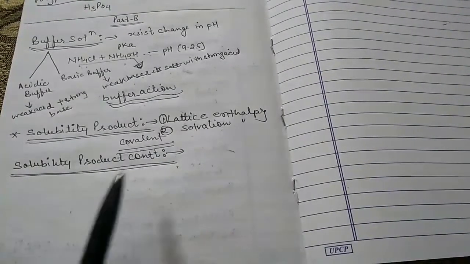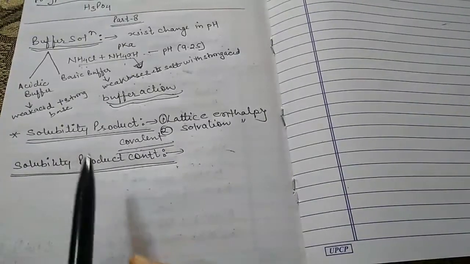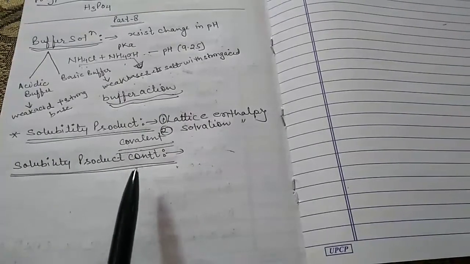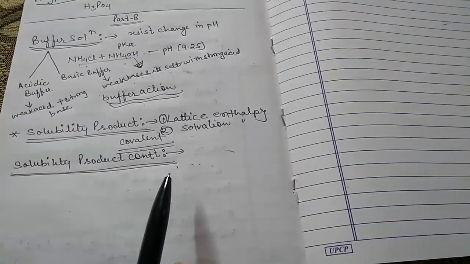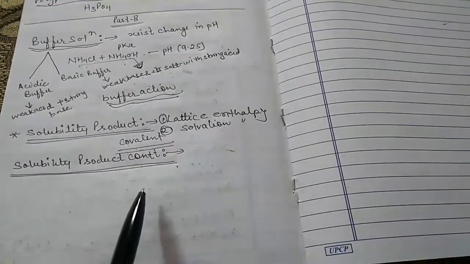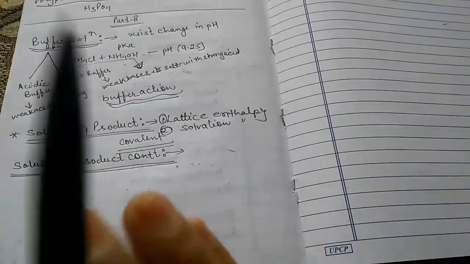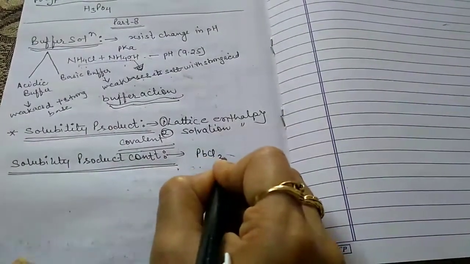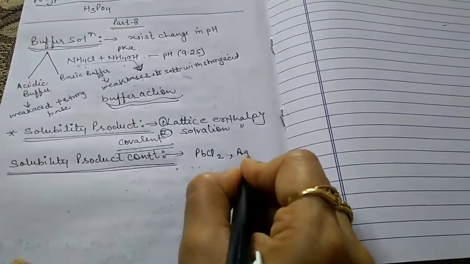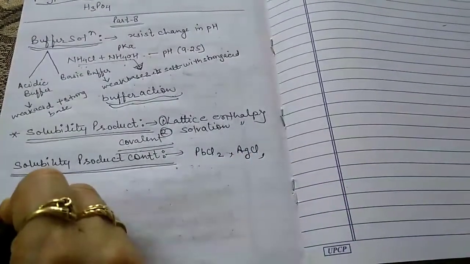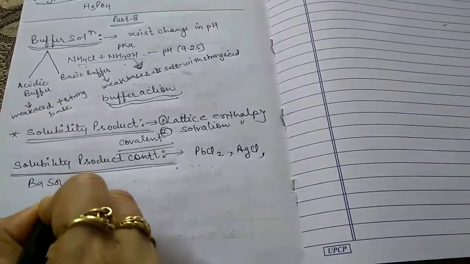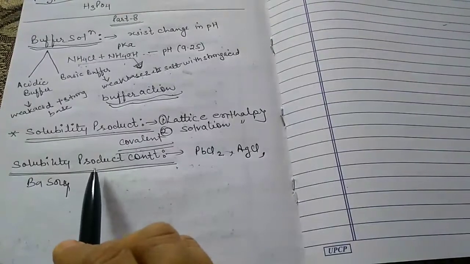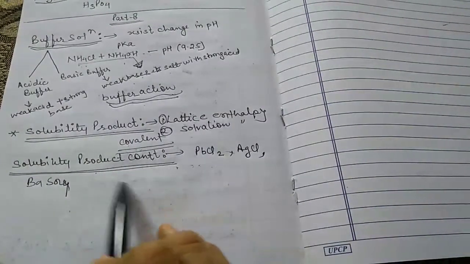Here we consider a reaction in which we have shown the equilibrium between the sparingly soluble salt and its saturated solution. There are many compounds, such as lead chloride, PbCl2, silver chloride, AgCl, and barium sulfate, BaSO4, which are slightly soluble in water.